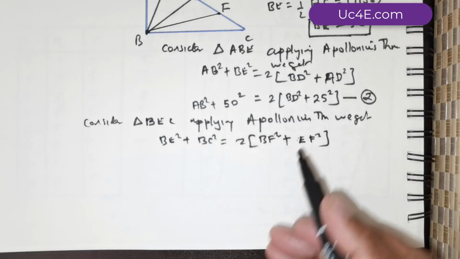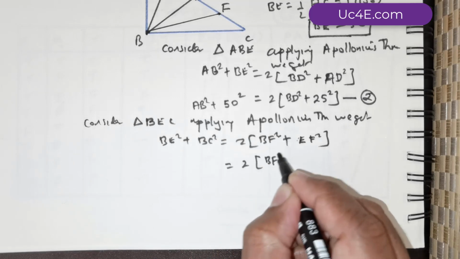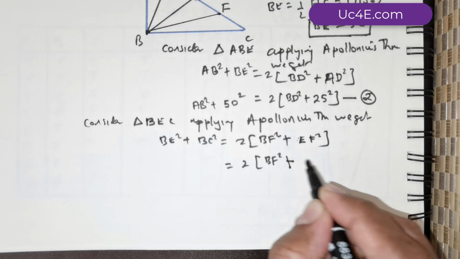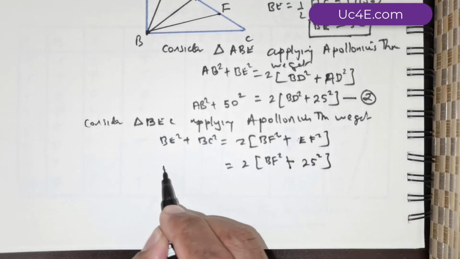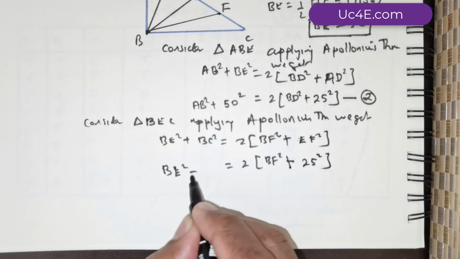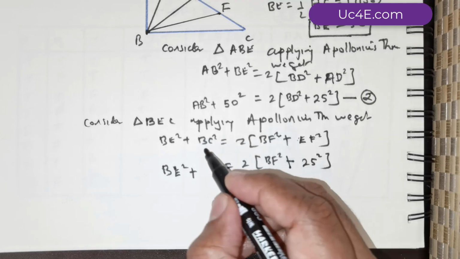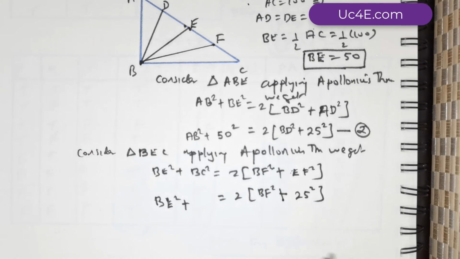EF is 25, so EF squared is 25 squared, so BF squared plus EF squared is BF squared plus 25 squared, and over here you get BE squared plus BC squared. Do we have a value for BC squared?